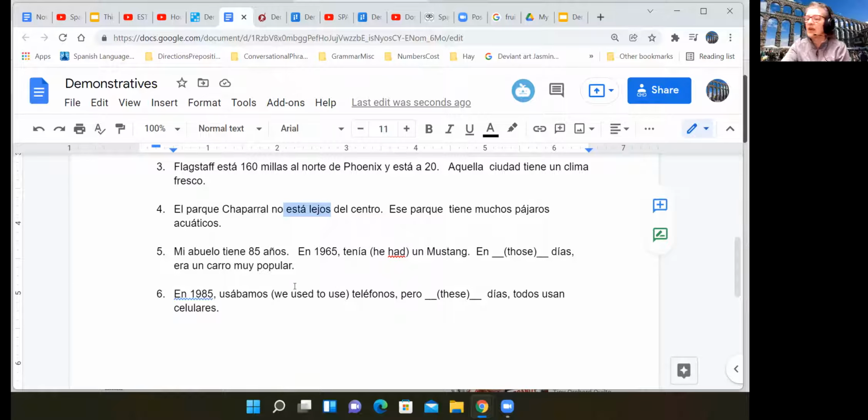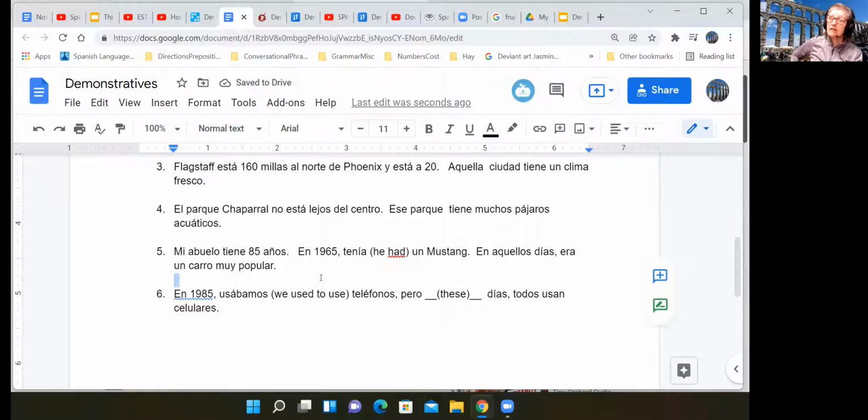Mi abuelo tiene 85 años. Grandpa's 85. En 1965 tenía un Mustang. He had a Mustang. In those days, aquellos días. Boy, you do not want to use esos días probably, because 65 is far back.